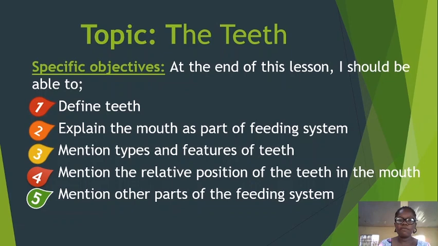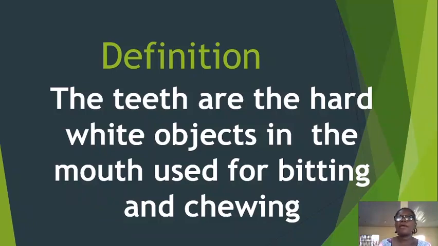Mention the relative position of the teeth in the mouth. And 5. Mention other parts of the feeding system. I believe you will pay attention so that we can flow together. Now we will start by defining teeth.